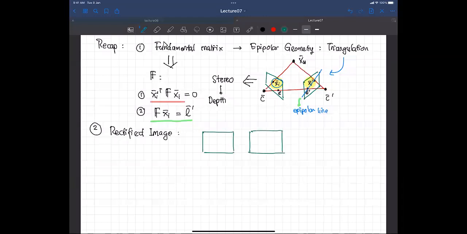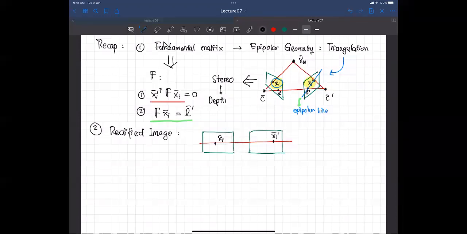If you have a rectified image and a point xi, for example, then we know that the corresponding point will be on the horizontal line, and anywhere along it will be xi prime. So this is the condition of a rectified image.